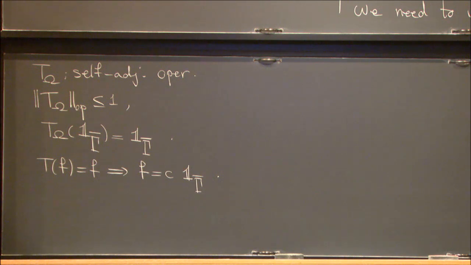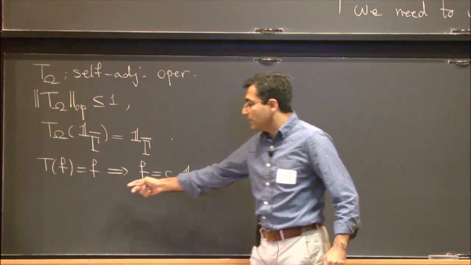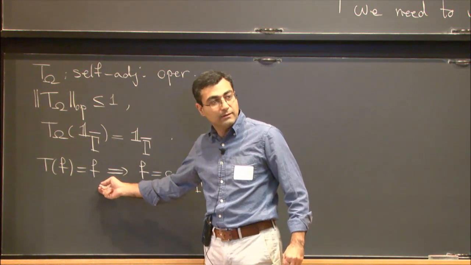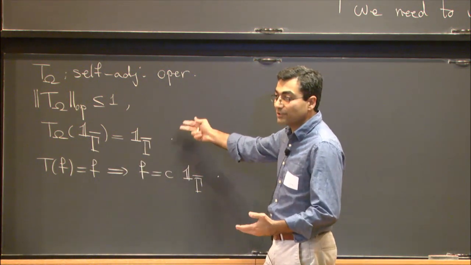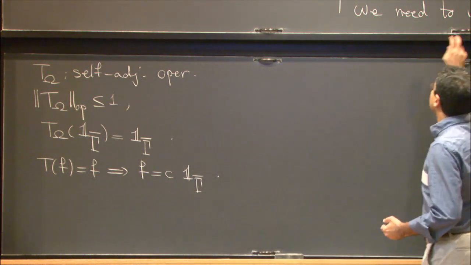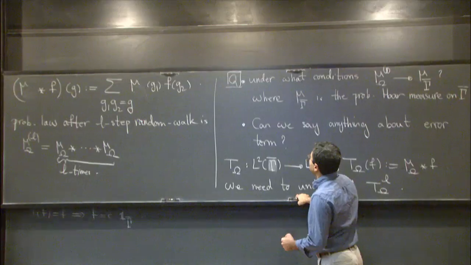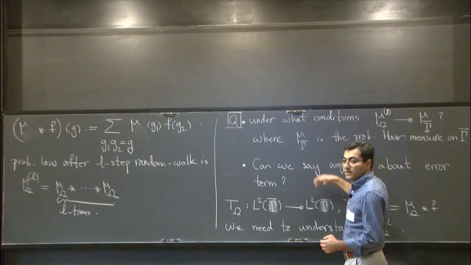But if we do have a spectral gap, a gap below 1, then as we raise it to power L, the operator gets closer and closer to the projection onto the eigenvalue 1. That's exactly the integral of the function with respect to the Haar measure, which means we get to answer both of these questions.